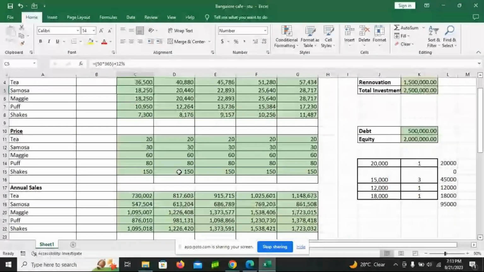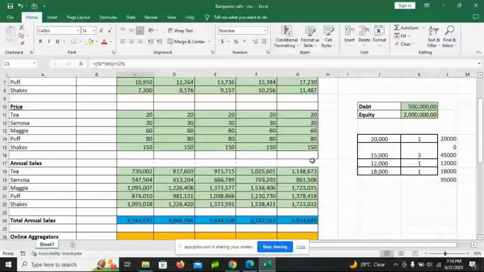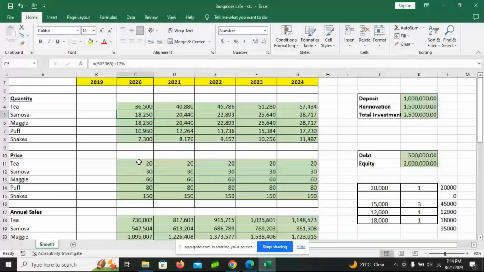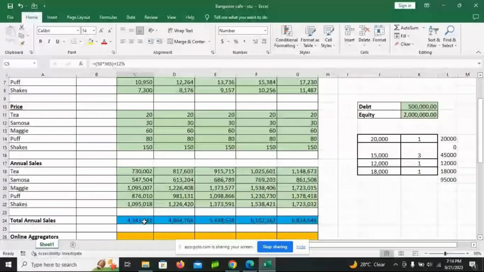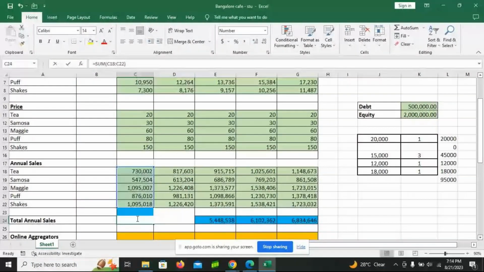Put the price, then calculate the quantity into price and put it in annual sales. Once it is done, put some function to sum the sales that have happened altogether.